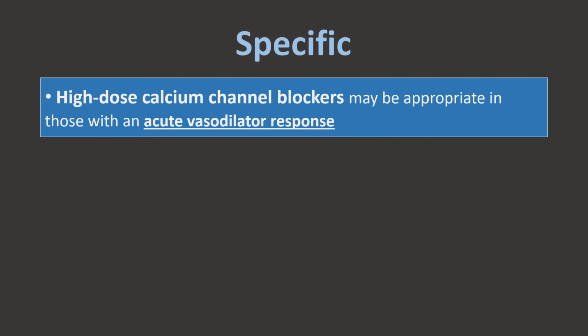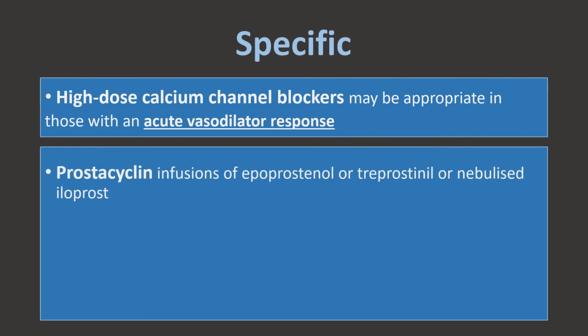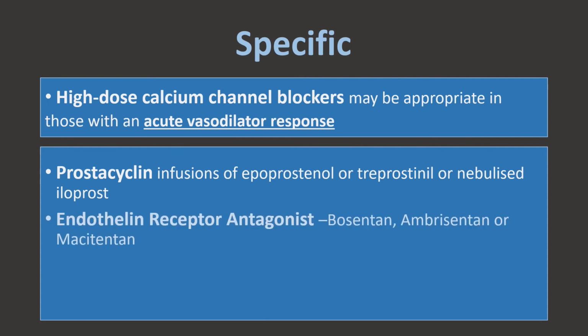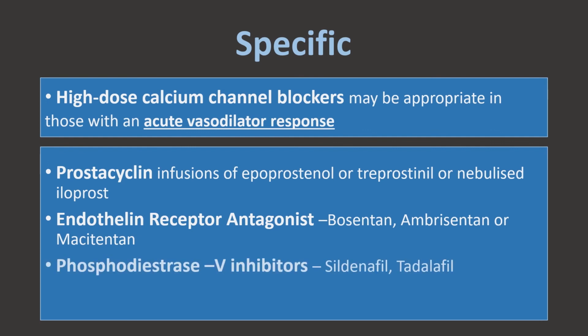In those who do not show acute vasoresponsiveness, disease-targeted strategies should be focused on replacing endogenous prostacyclins with infusions of epoprostenol or treprostinil or with nebulized iloprost, blocking endothelin-mediated vasoconstriction with agents such as bosentan, ambrisentan, or macitentan, or enhancing endogenous nitric oxide-mediated vasodilatation with phosphodiesterase 5 inhibitors such as sildenafil and tadalafil.